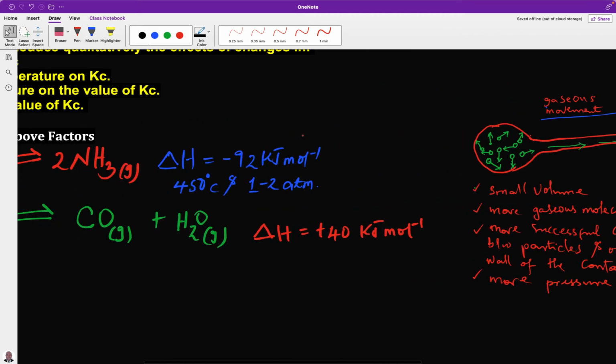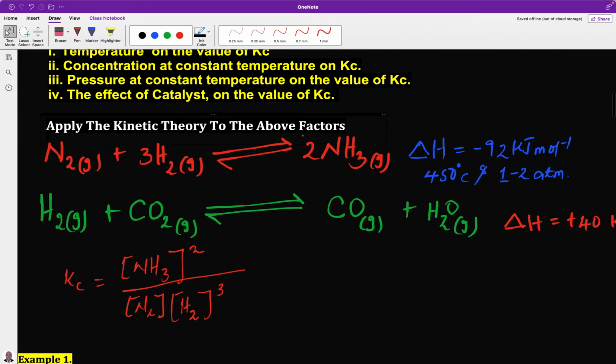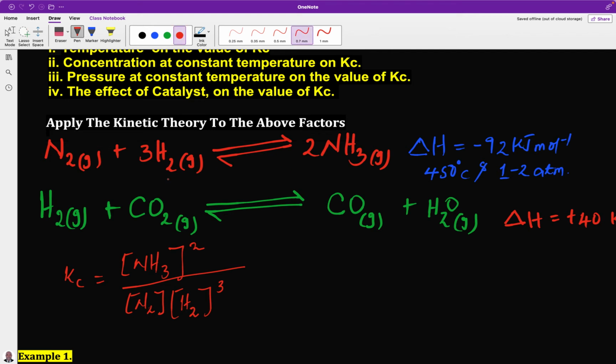Let's go back again. As I said, consider an increase in pressure at constant temperature and its effect on the value of Kc. When the pressure here is increased, in principle, the equilibrium will shift to the direction of fewer gaseous molecules. So the equilibrium will shift from left to right. If the equilibrium shifts from left to right, more of the product is formed.